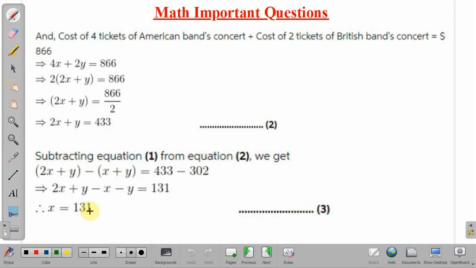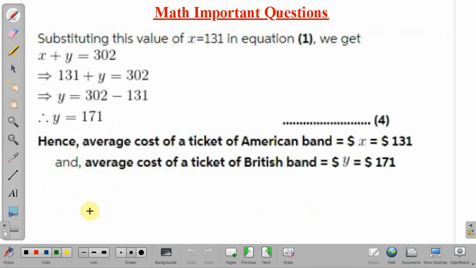Now substituting this value of x in either equation 1 or equation 2, we can find the value of y. So substituting this value of x equal to 131 in equation 1, we will get 131 plus y equal to 302. So y will be equal to 171.